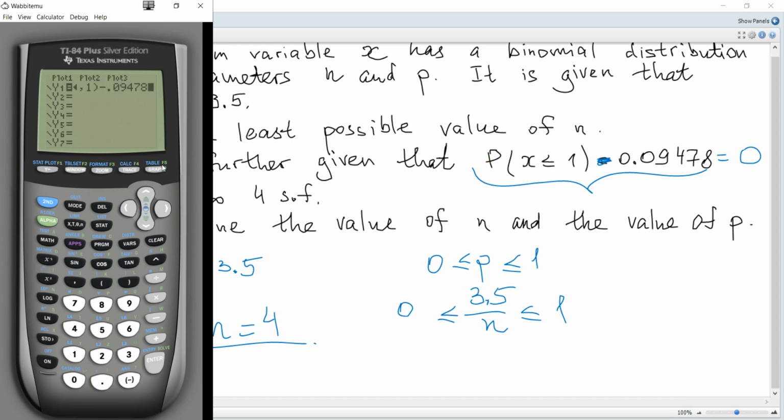And then we can consider the graph, or we can consider the table, and we need the left hand side of the given function to be equal to 0.